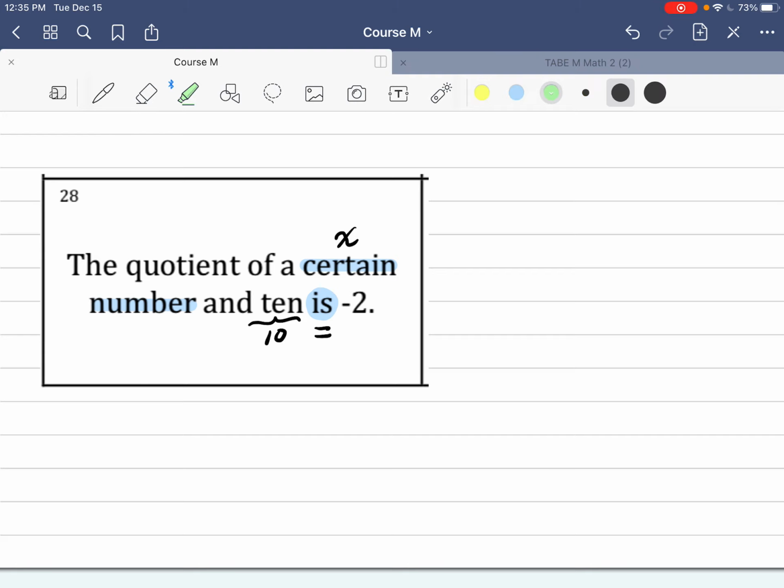What is quotient? Quotient means divide. So it is saying to divide x and 10 and you will get 2. Divide x and 10, the quotient of a certain number and 10 is 2.